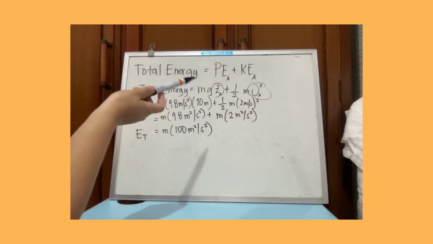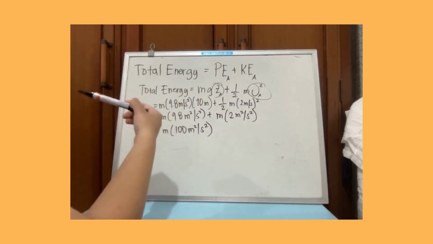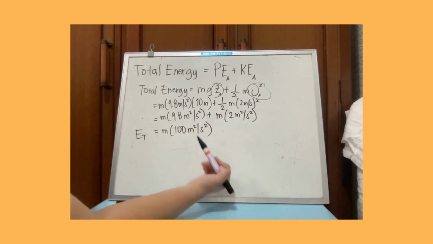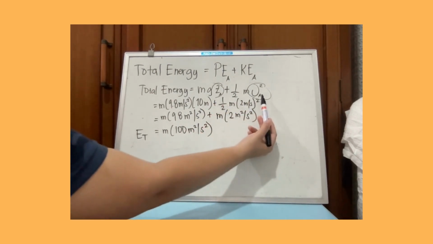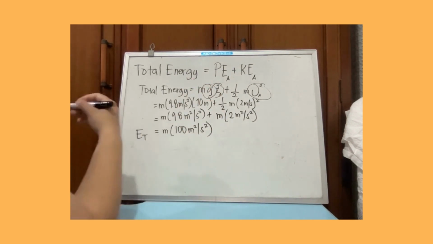Ang formula naman natin sa kinetic energy is 1/2 times mass times speed squared. So, ang i-substitute natin is yung mga value, which is yung height at yung speed. Meron din tayong value for gravity.